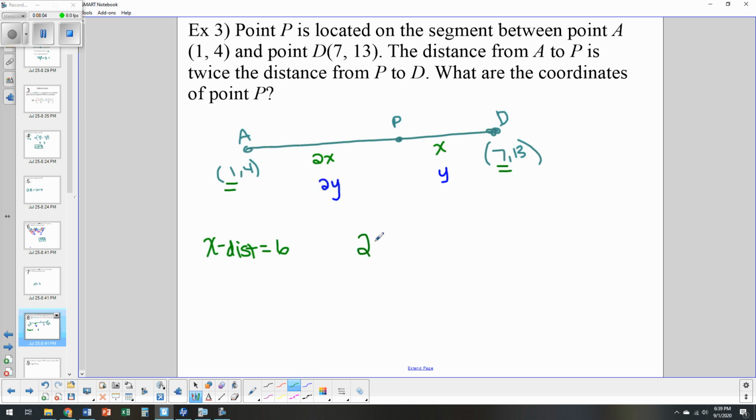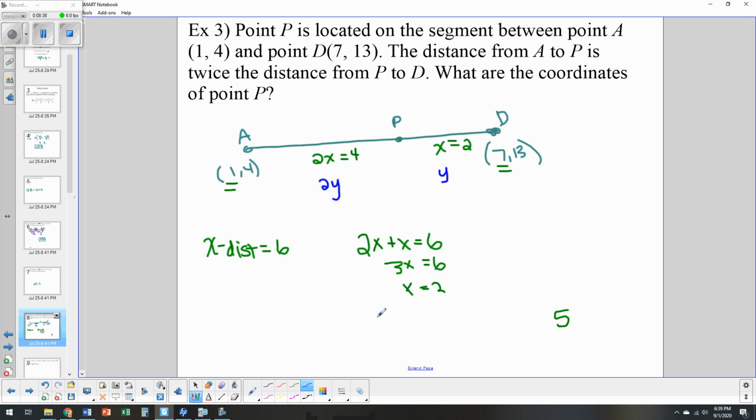So 2x plus x equals 6, or 3x equals 6, and x is 2. So if x is 2, 2x is 4, which means 4 away from the 1, or 2 back from the 7, is my x value for P. So if I do 1 plus 4, I get 5.